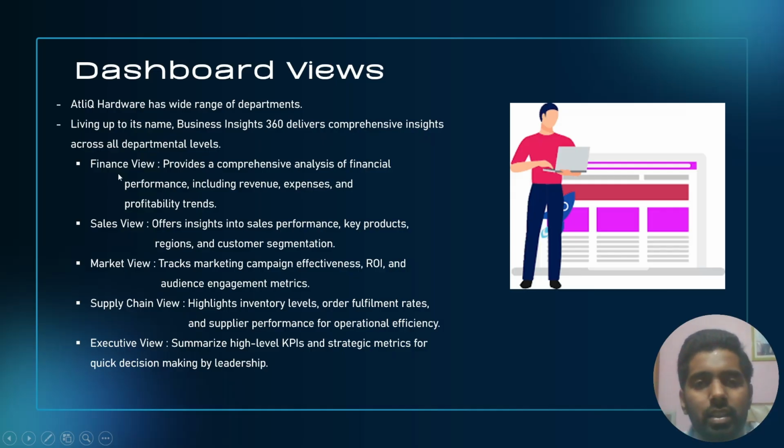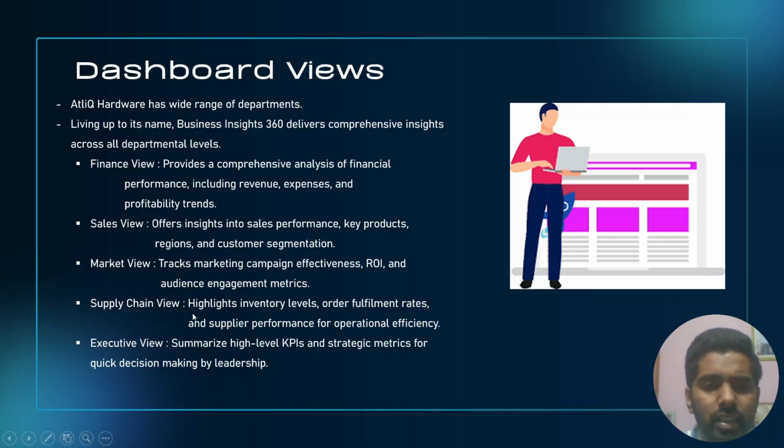First we go with the finance view, which provides a comprehensive analysis of financial performance including revenue, expenses, and profitability trends. Sales view offers insight into sales performance, key products, regions, and customer segmentation. Market view tracks marketing campaigns, how they are showing their product and ads, and the ROI, profit and loss.